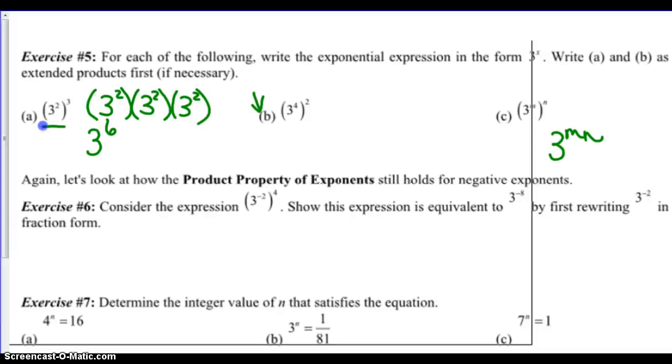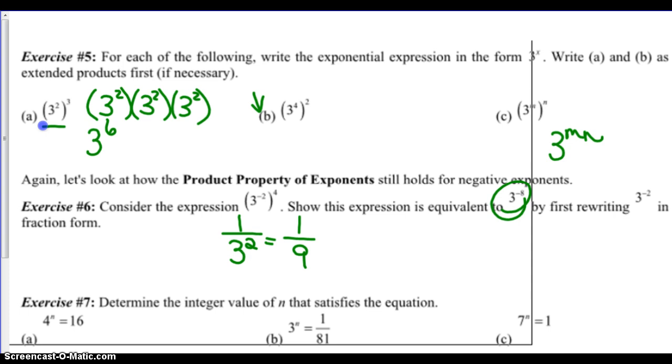Consider that you have 3 to the negative 2 to the 4th. We're going to break that down. So we want to show that it's equivalent to 3 to the negative 8th. If I rewrite 3 to the negative 2 in fractional form, first that would be 3 to the 2 in the denominator. That is equivalent to 1/9.